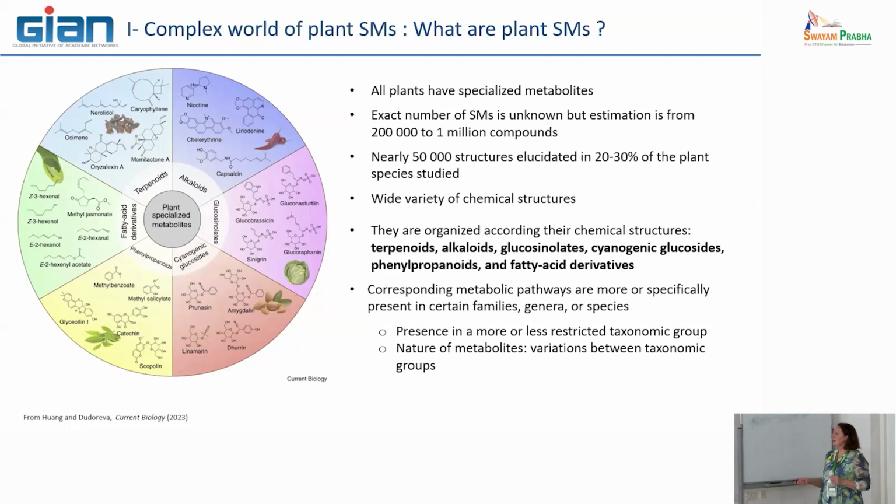And the last point is important. All plants are able to produce terpenes, alkaloids, and phenolic compounds, but not the same ones. What is interesting is that sometimes some specific phenolic compounds depend on specific families.